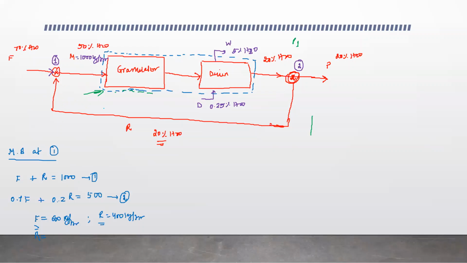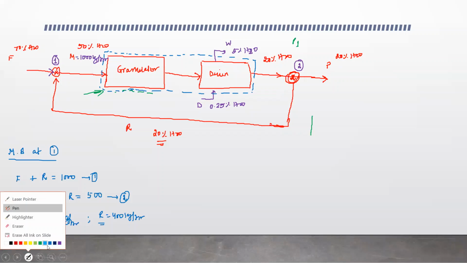So now we have to find P1. So in order to find P1, we need P, right? Okay. And again, we have S with us. So instead of just doing so much of complicated calculations, what we can do is we can make an overall material balance, right? Let me draw the entire system.